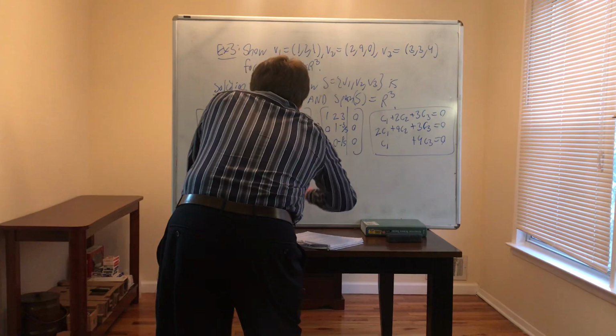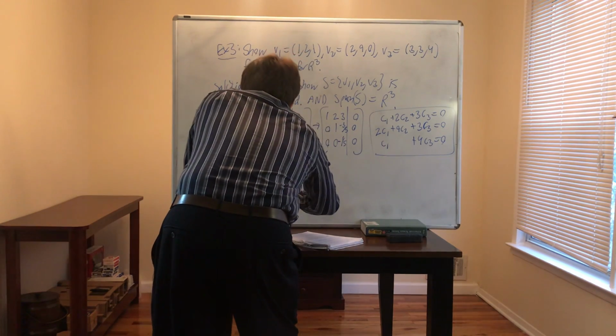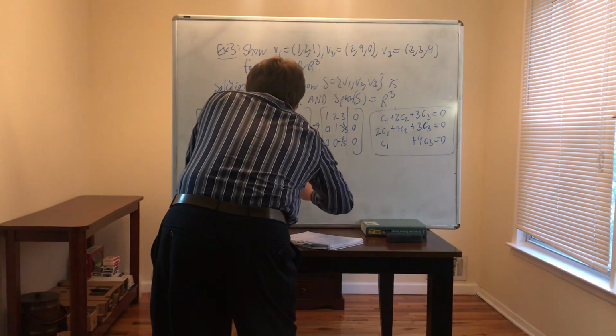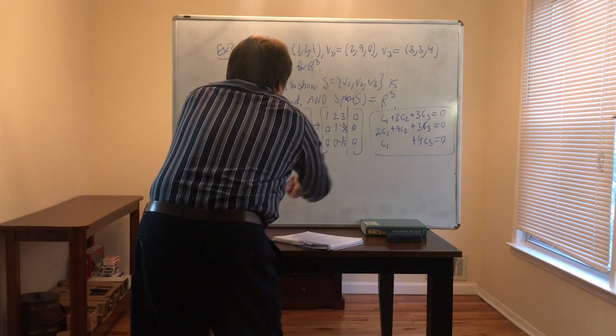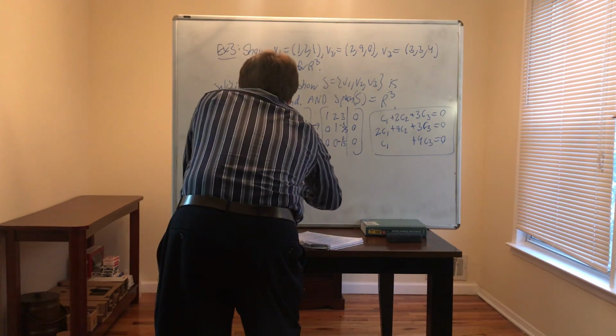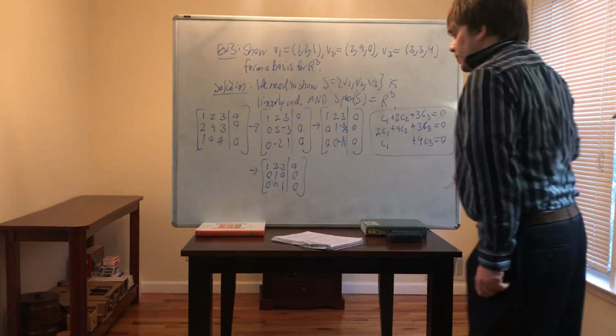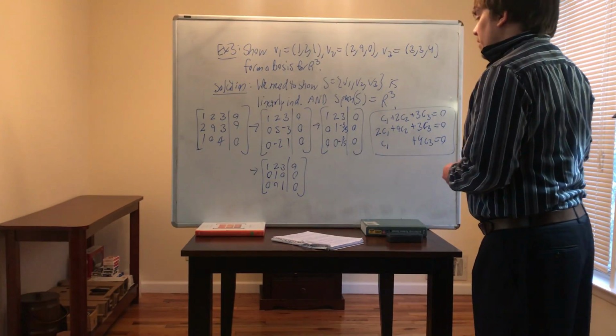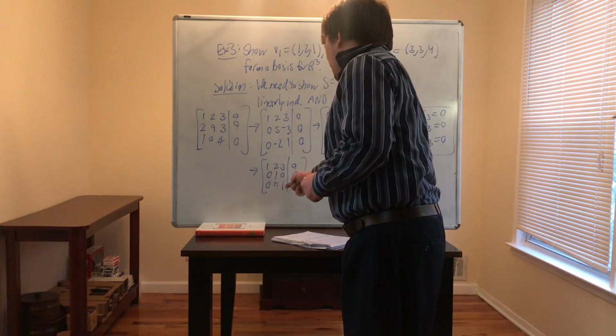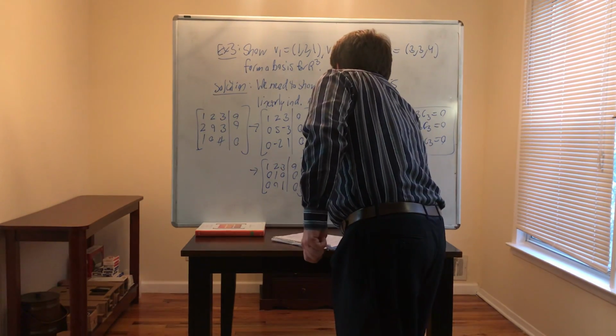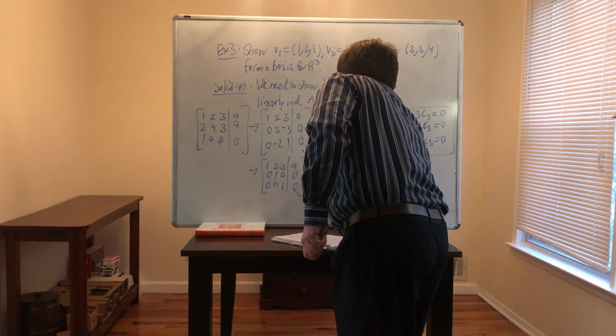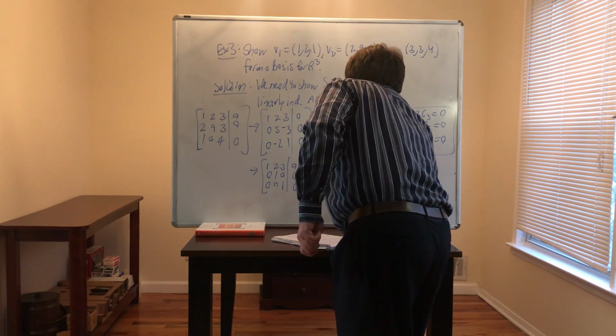And then the last step here, 1, 2, 3, 0, 0, multiply that by negative 5, and then 3/5 times this added to that. You get that. And then if you add negative 2 times this row to that, negative 3 times that row to that, you get 1, 0, 0, 0, 1, 0, 0, 0, 1. Okay?